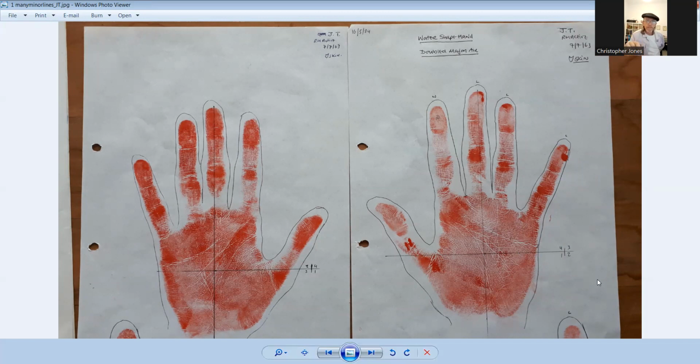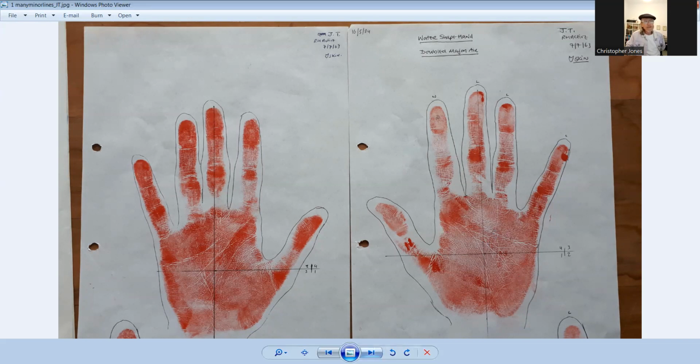What I mean by that is also how people experience themselves. So we can see the water element or the air element in the fingers and the fingerprints, but how the person experiences the water element or the air element will be shown in the corresponding lines, the lines corresponding to that element.